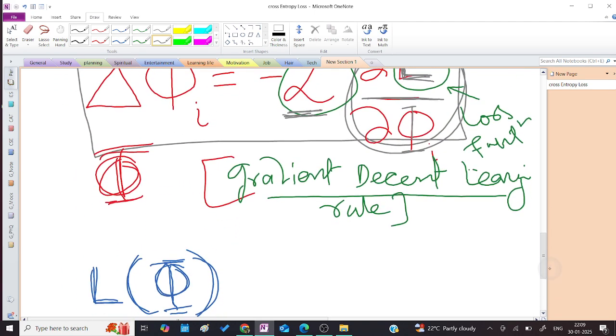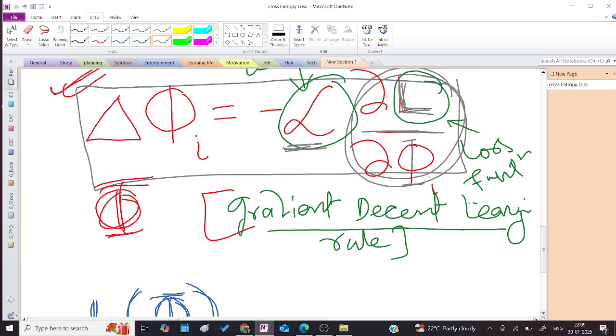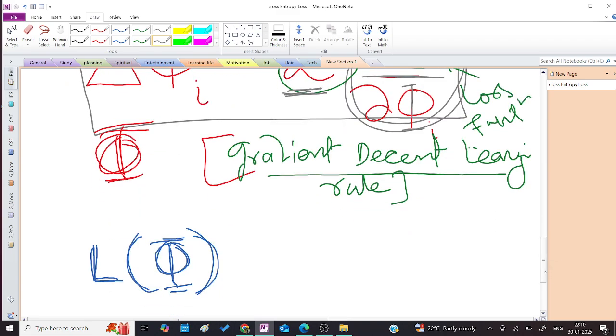But in the case of the perceptron, what we have discussed in the first lecture, it is not a continuous function because the updates are step type, and not a continuous one.